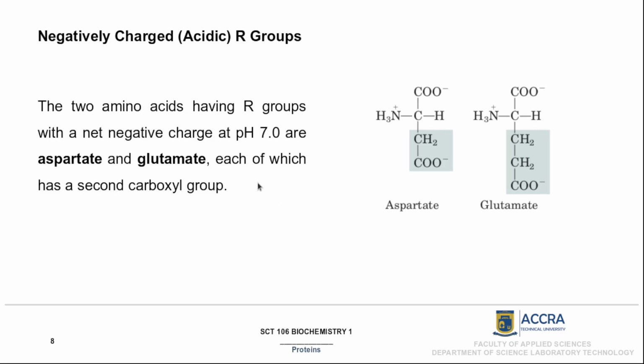So you see aspartate and glutamate having a second carboxyl group here, separate from the first carboxyl group, which is on the alpha carbon. You have a second carboxyl group here in aspartate. Here you have a second carboxyl group in glutamate. These second carboxyl groups are what give these amino acids their net negative charge.